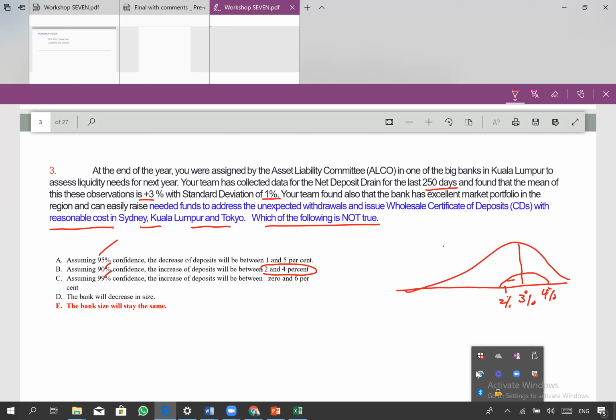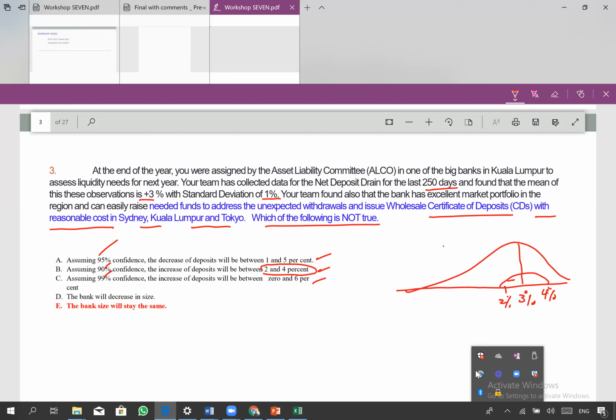But we have here addressed unexpected withdrawals by issuing certificates of deposits with reasonable cost in Sydney. So that actually impacts. So actually there is no impact. This one is not right, this one is not right, this one is not right. I don't know how much the certificate of deposits is, but it will take the withdrawal.